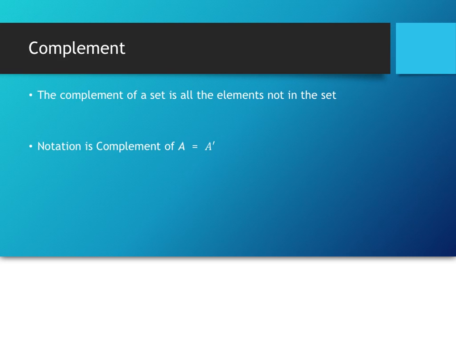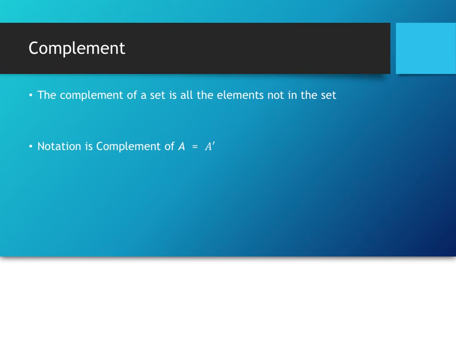So the first operation is going to be the complement. We'll start with the official idea. The complement of a set is all the elements in the universe that are not in the set itself.